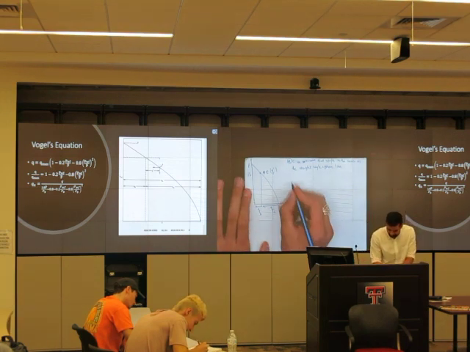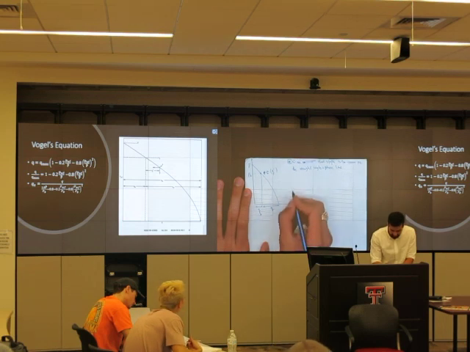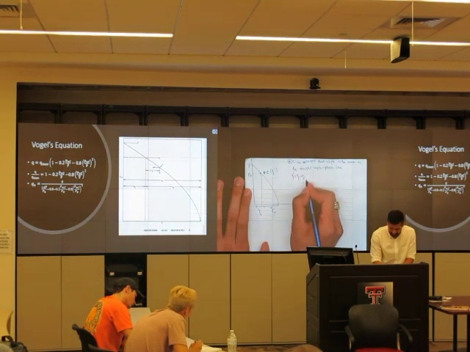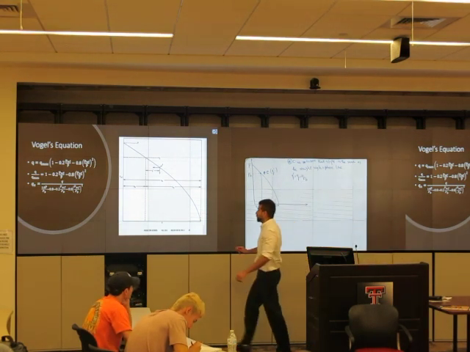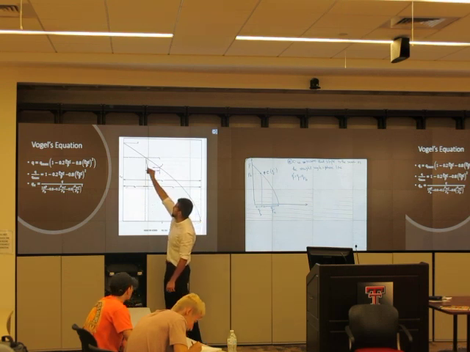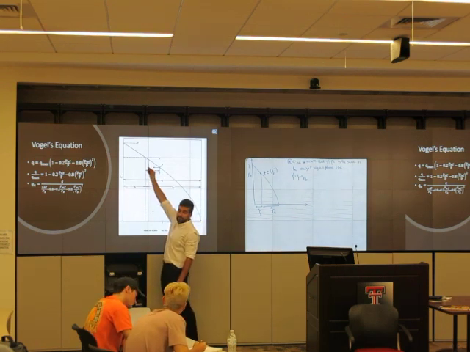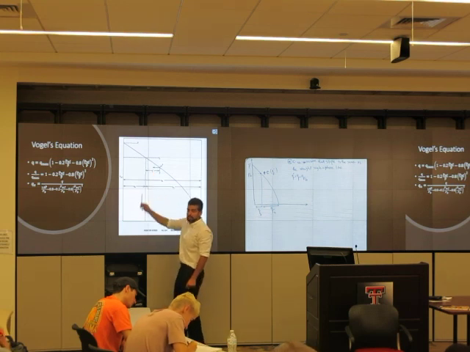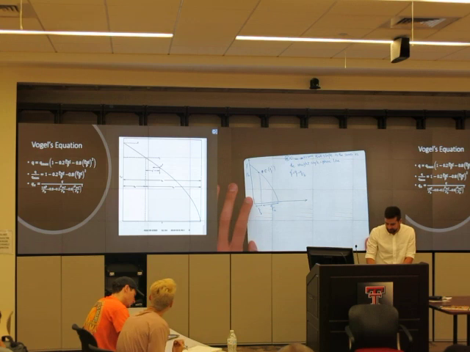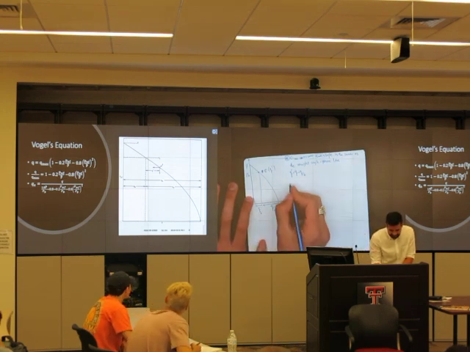Second one, you can write your Q prime as Q minus QB. So your Q minus QB is going to give you the Q prime at this point. Now that you have it, let's write down the Vogel's equation.